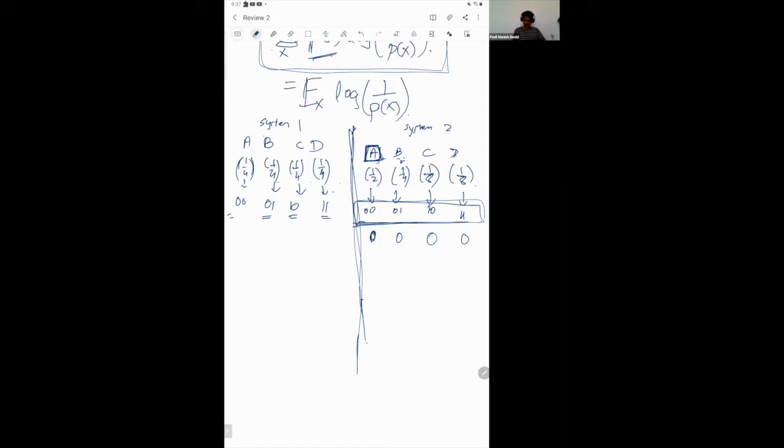So an efficient way to do this is to give 1 bit to A, 2 bits to B, and 3 bits to C and D. It would be something like 0, 10, 110, and 111.